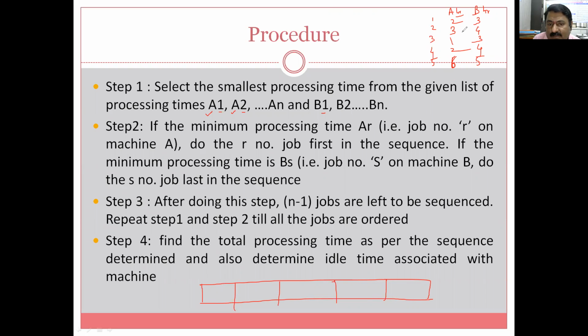Check the minimum time. If the minimum time is in the category of machine A, the job will be first. So here the minimum time is there, so the third job will be taken first in order. And if the minimum processing time is in the B range, let us assume the 3 hours are less, here I will say 4, here only 1.